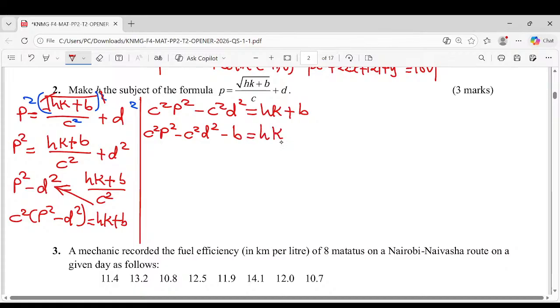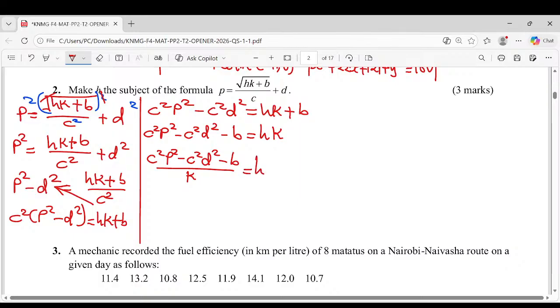How do I remain with h? I divide both sides by k. So this will now be c squared p squared minus c squared d squared minus b over k is equivalent to h.